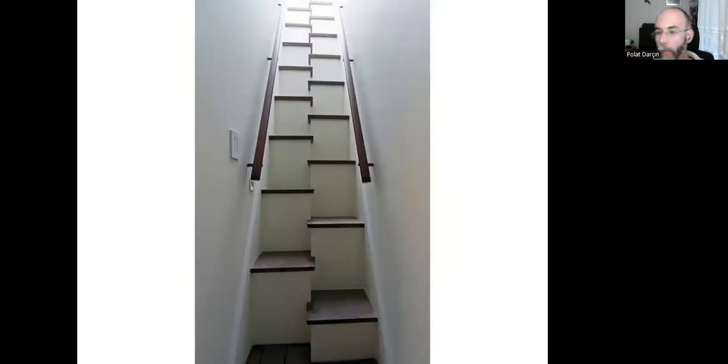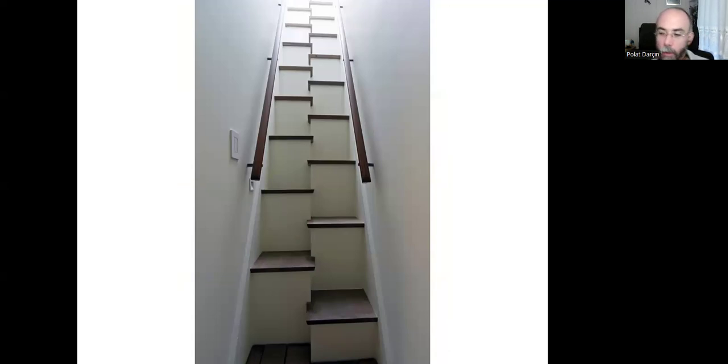But if you have walls on the sides of the stairs, then obviously we don't need guardrails because it's already protected. We can have handrails depending on the properties of the user.